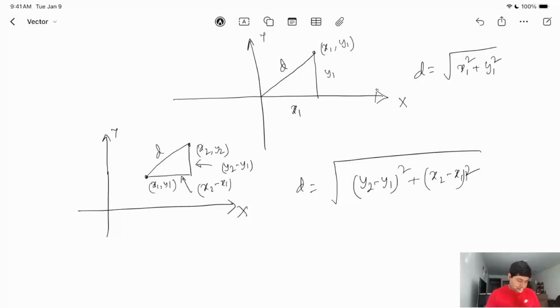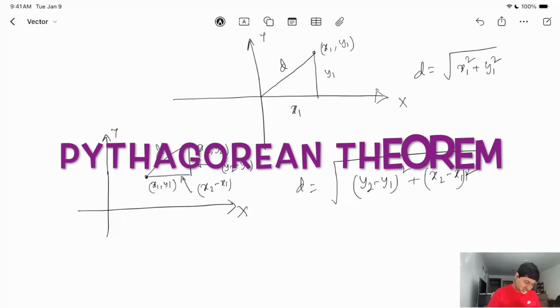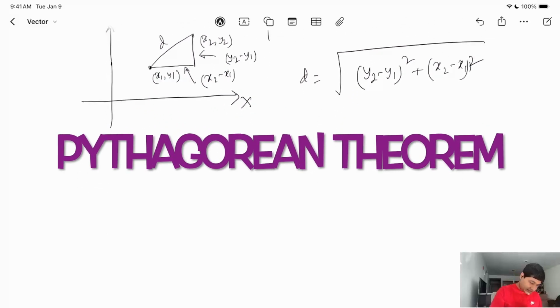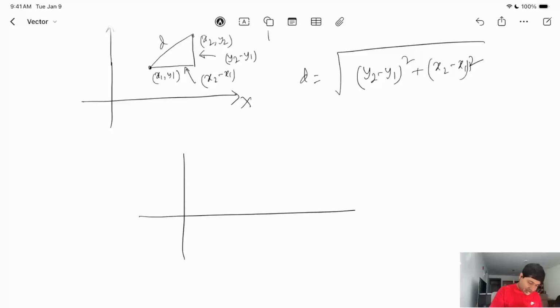But now, as we are discussing the coordinate system, it is very important to understand what the Pythagorean theorem is at the end. I'll go to the coordinate system again and think about a point x1 y1 here.